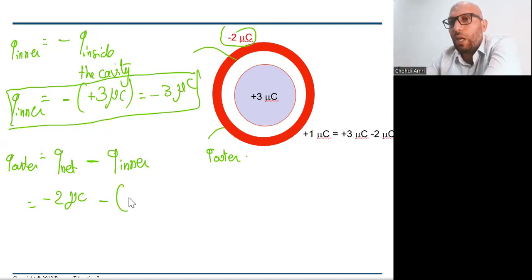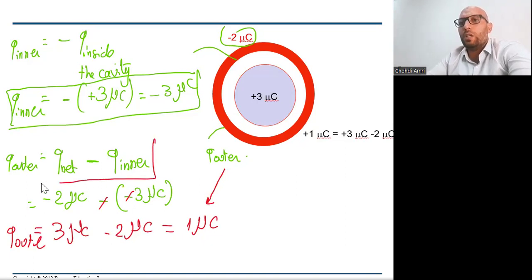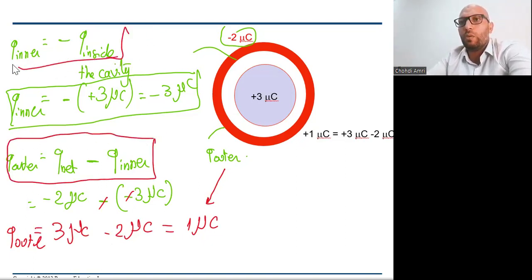Q inner is minus 3 microcoulomb, so we have a negative sign and a negative sign. So it's 3 microcoulomb minus 2 microcoulomb, which equals 1 microcoulomb. So Q outer is 1 microcoulomb. This is the equation that we must apply. That's all. We are done.